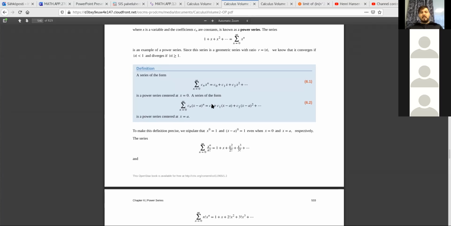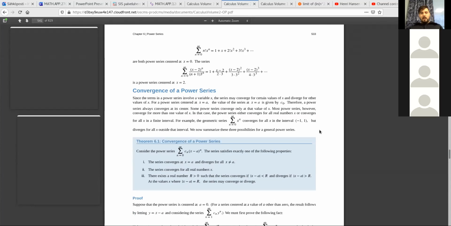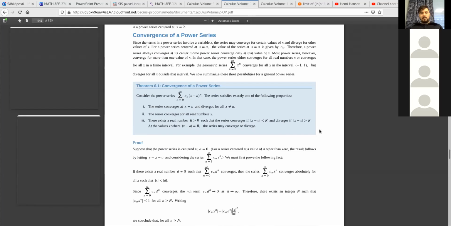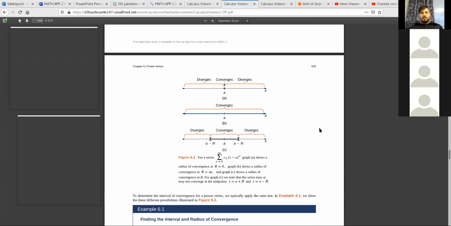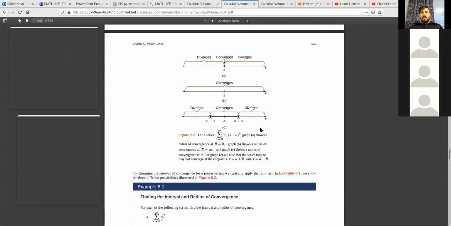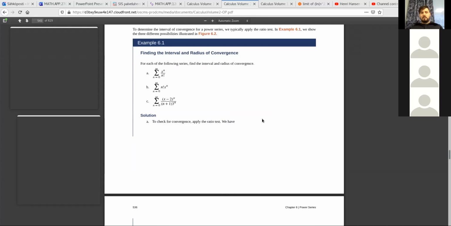And you can say that it's centered somewhere else if you offset these all by a. It's a power series centered at a. And the thing that happens is that you can actually express many functions in terms of these power series. I'm not going to go into this because it takes quite a bit. There's an area of convergence, the radius of convergence, the values of x at which the terms go to 0.